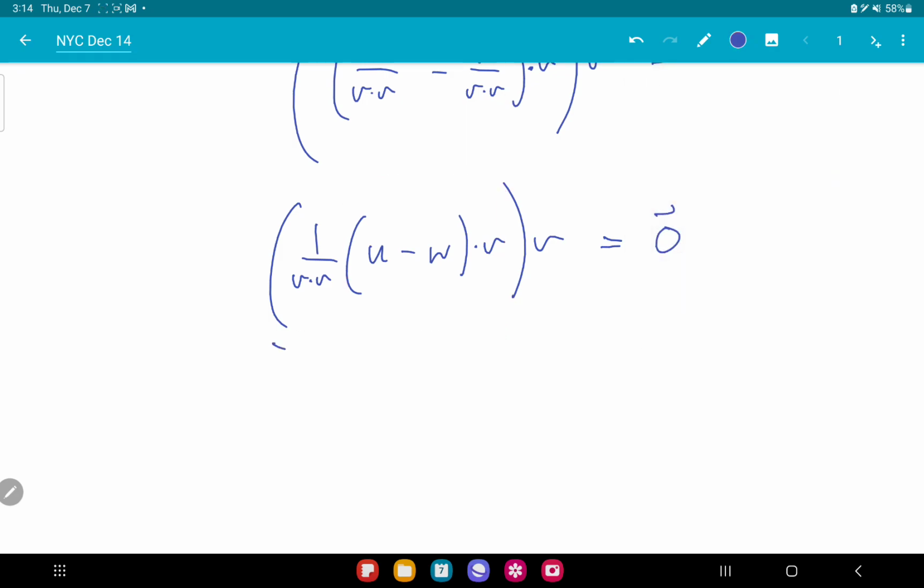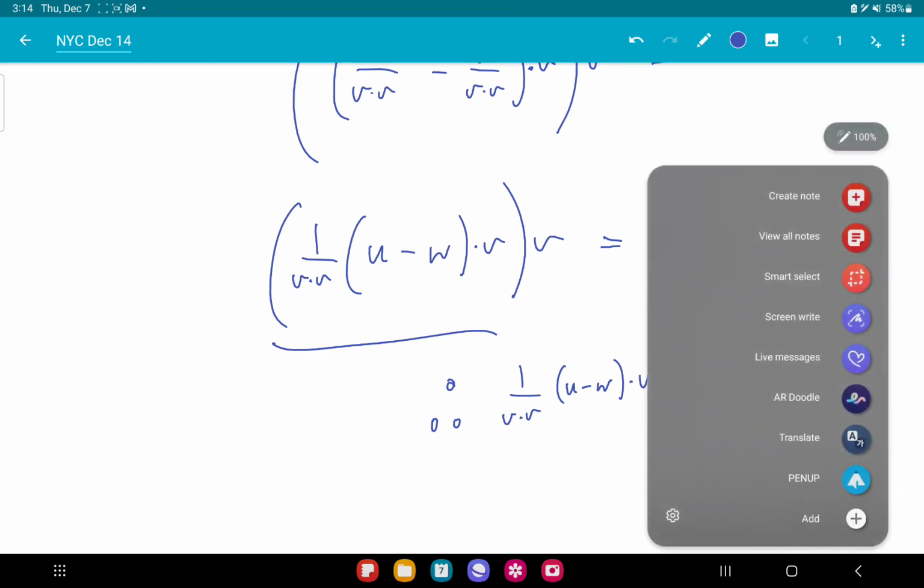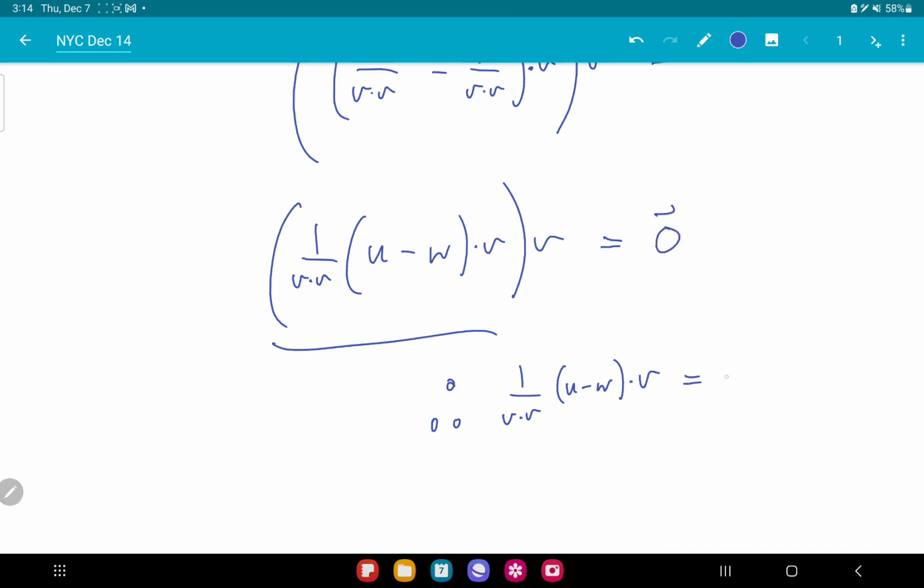Okay, I'll say, well, you have a scalar multiple of a non-zero vector. So the scalar multiple must be 0. So this is equal to the real number 0.